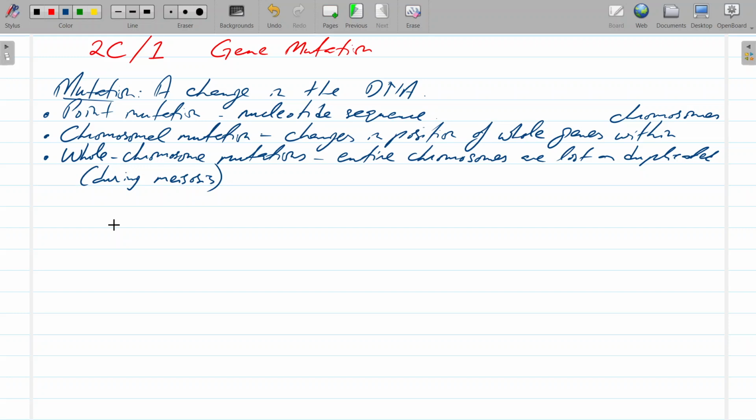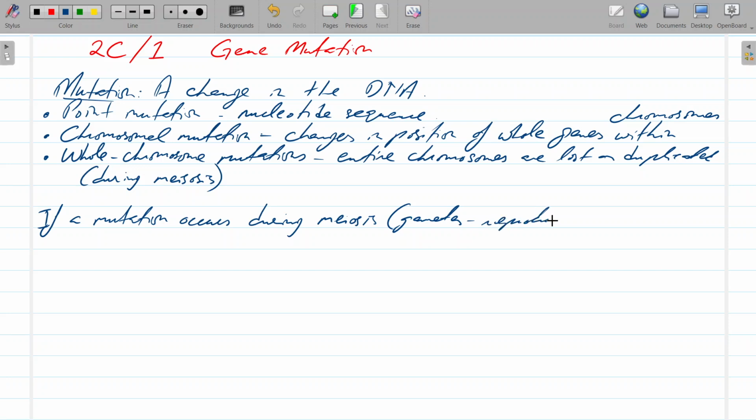And the problem with if a mutation occurs during meiosis, so meiosis is only happening in the gametes, right? And so these are the reproductive cells. You could say that it is the most damaging, right? Why?